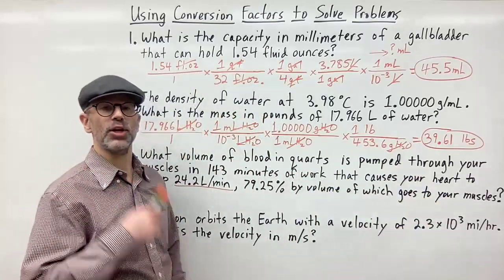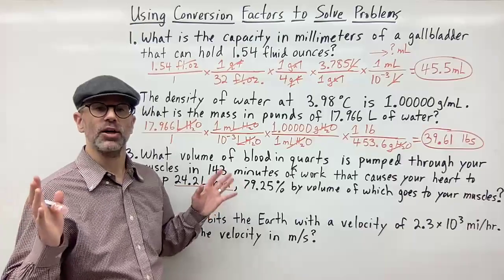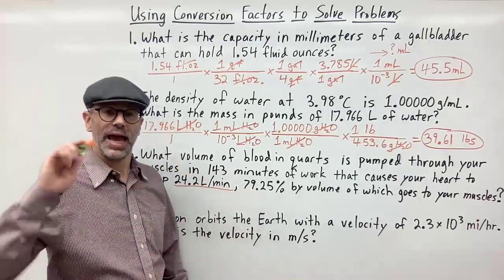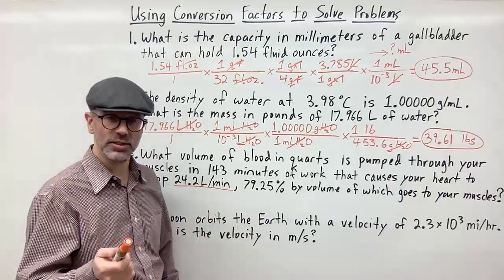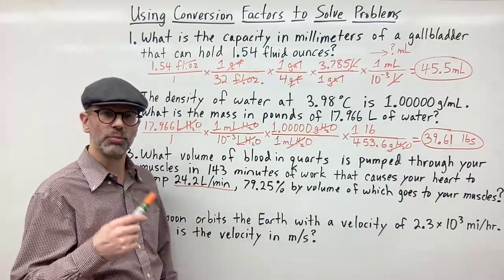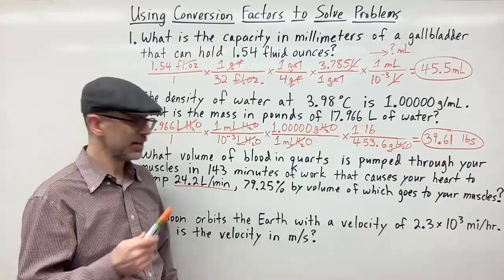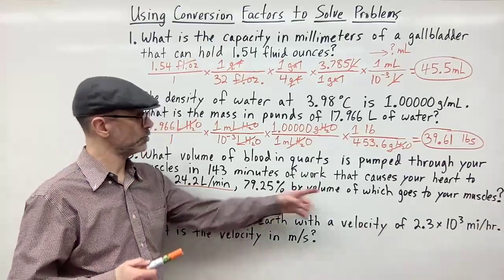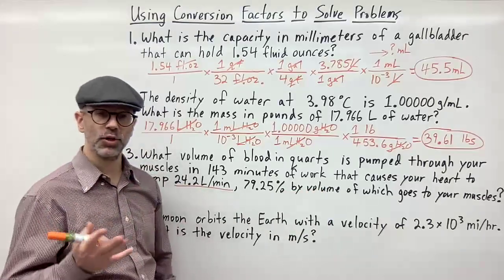So for every, let's say liters, it doesn't matter what unit we use, we can just say unit. So for every 100 units of blood that's pumped through your heart, 79.25 of those units gets pumped to your muscle. So we could use whatever unit we want.